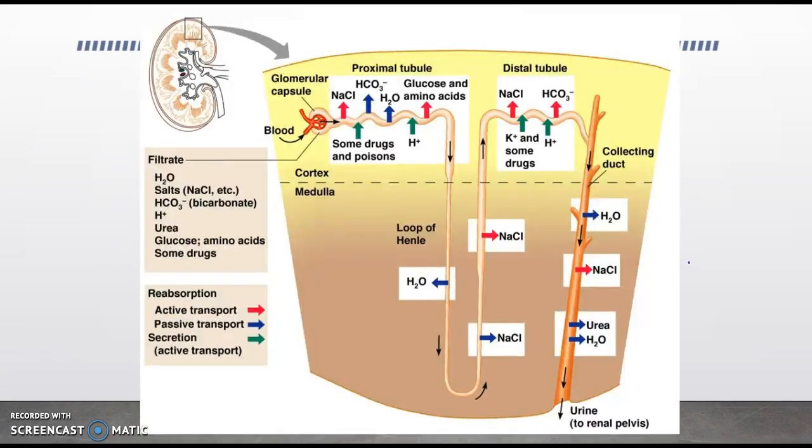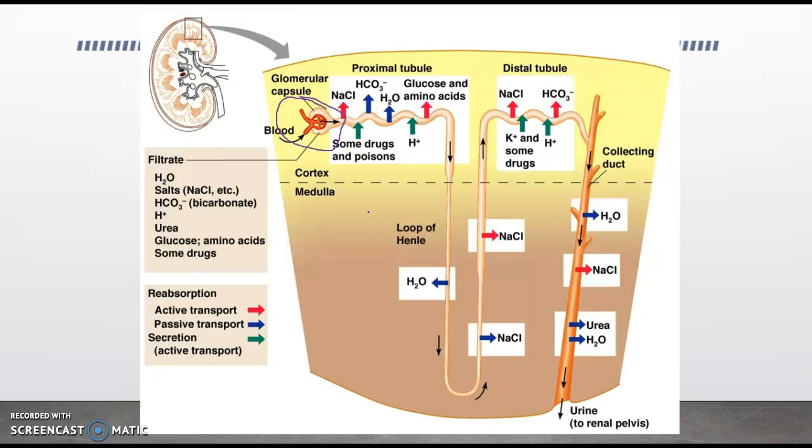So if we look, this is showing you those processes a little bit more in depth. Over here, here's our Bowman's capsule and our glomerulus right there. And you can see the arrows on each of these are going to be pointing either in or out. Anytime it's going into the renal tubule, that means it's going to be becoming filtrate or becoming urine. And anything that's exiting the renal tubule is going back into the blood.